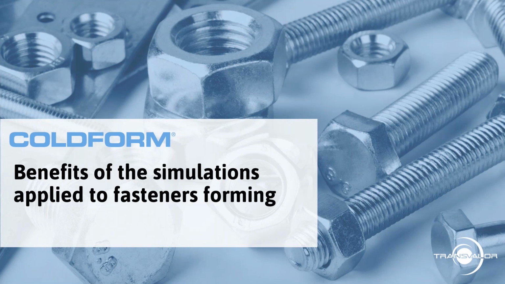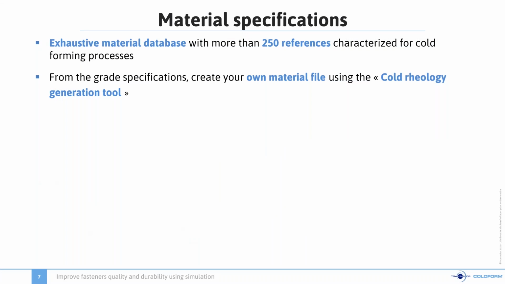Let's start with the benefits of the simulation applied to the fasteners forming. For material, the software offers several manners to define it. COLDFORM software includes an exhaustive material database with more than 250 references, specifically characterized for cold forming processes. As well, from the grade specification given from your material supplier, it is possible to create your own material file.